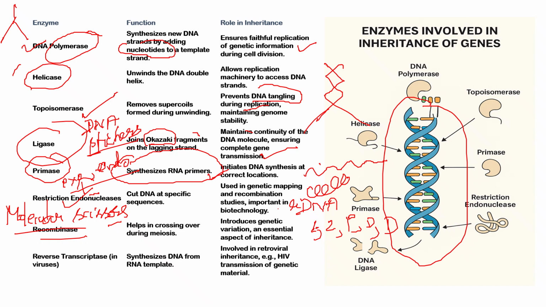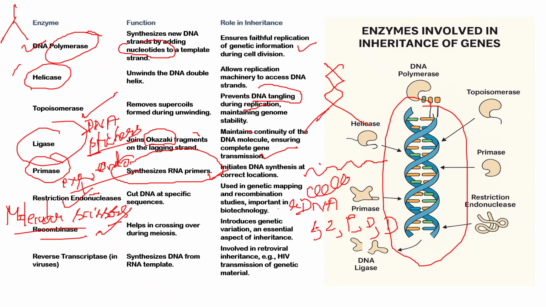During this meiosis stage, you will see the involvement of paternal and maternal genes. The genes of both paternal and maternal origin undergo crossing over. Once crossing over takes place, recombination of the genes occurs. That is done by the recombinase enzyme.